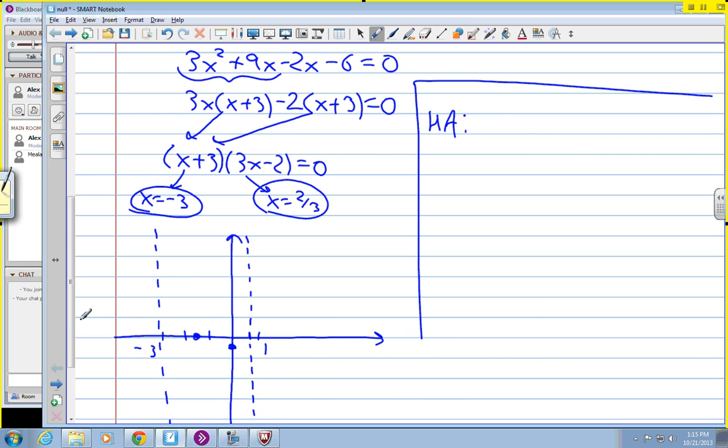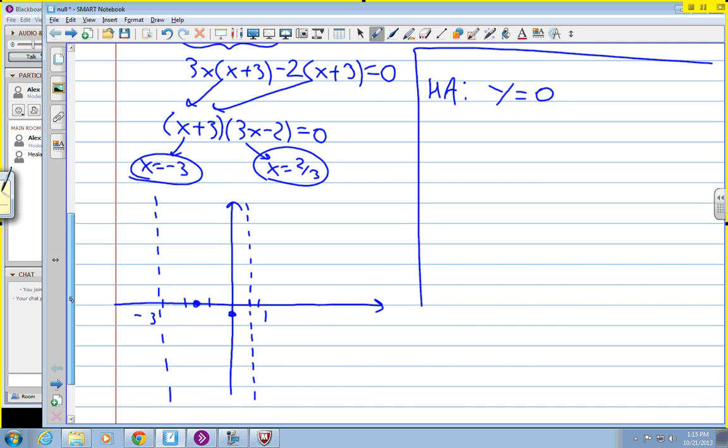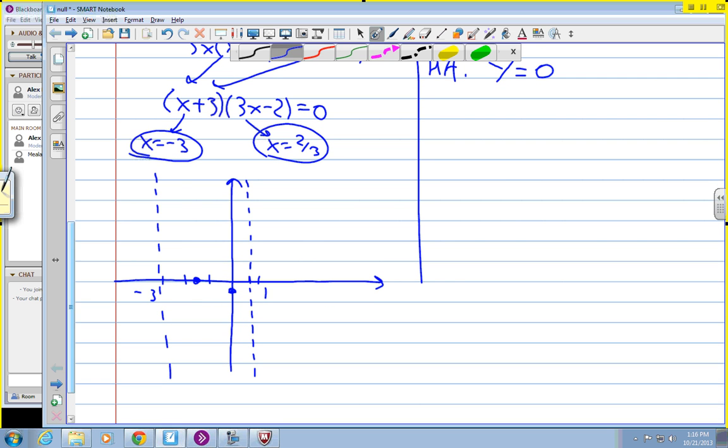Since the degree of the denominator is greater than the degree of the numerator, the x-axis would be our asymptote. Is that okay? All right.